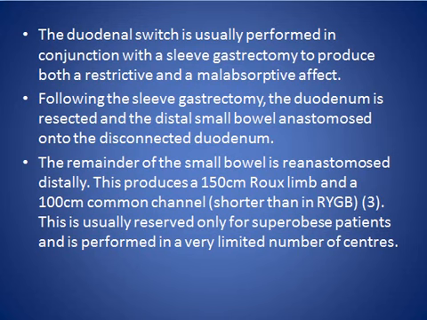This produces about a 150 centimeter Roux limb and about a 100 centimeter common channel, shorter than the Roux-en-Y procedure. This is usually reserved for super obese patients and performed in a very limited number of centers.